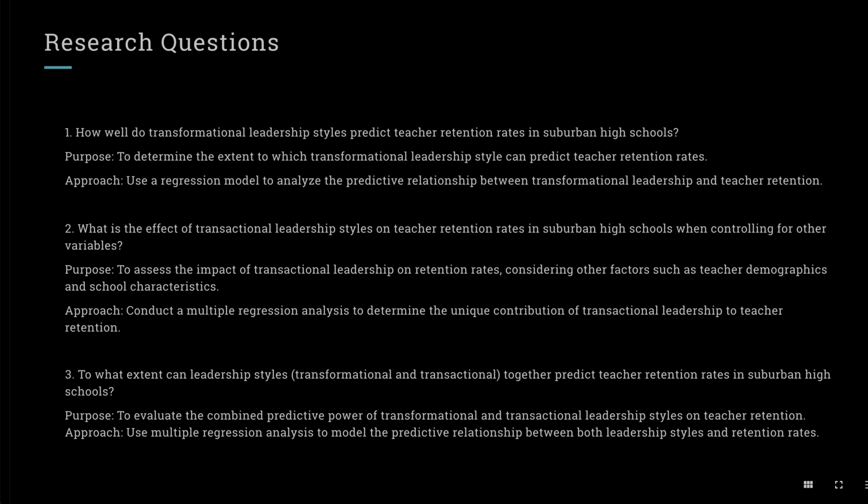Here are some examples of research questions, and you'll notice which ones are related to the analysis, as well as which ones are just very holistic. So, how well do transformational leadership styles predict teacher retention rates in a suburban high school?